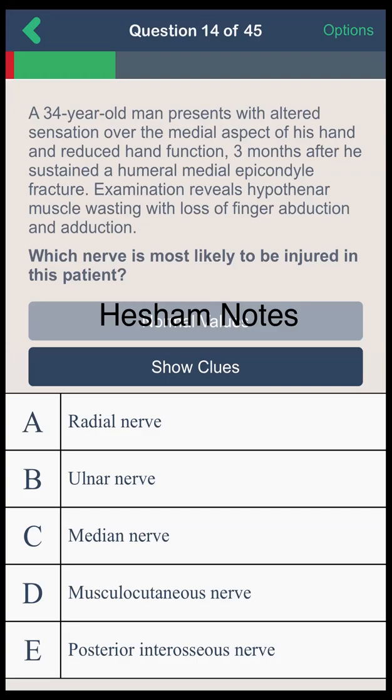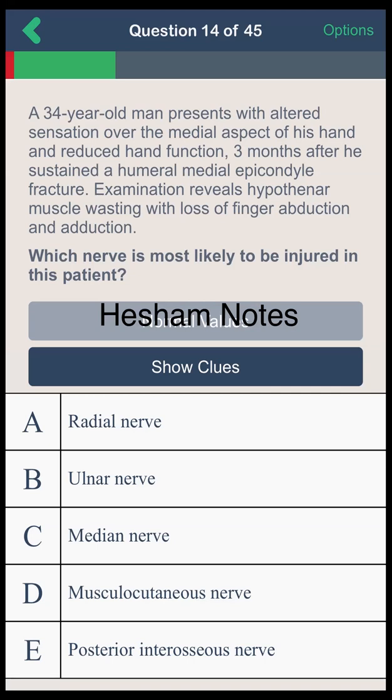A 34-year-old man presents with altered sensation over the medial aspect of his right hand and reduced hand function 3 months after he sustained a humeral medial epicondyle fracture. Examination reveals hypothenar muscle wasting and loss of finger abduction and adduction. Which nerve is most likely injured? Radial nerve, proximal ulnar nerve, median nerve, musculocutaneous nerve, posterior interosseous nerve.